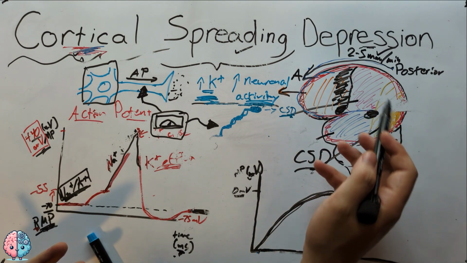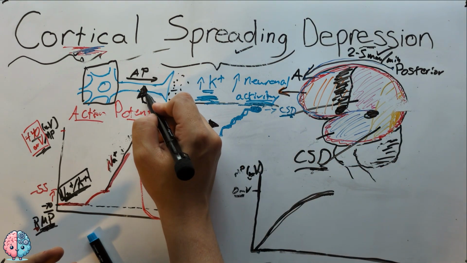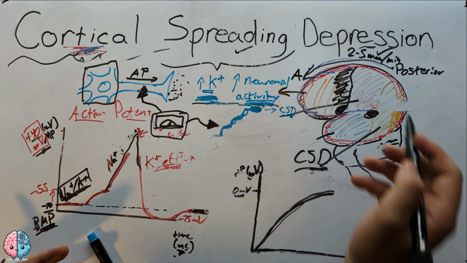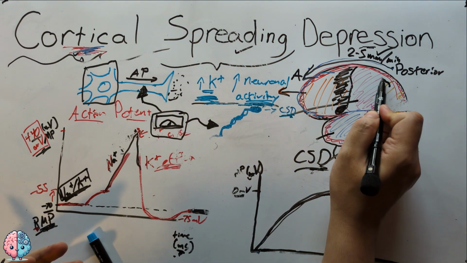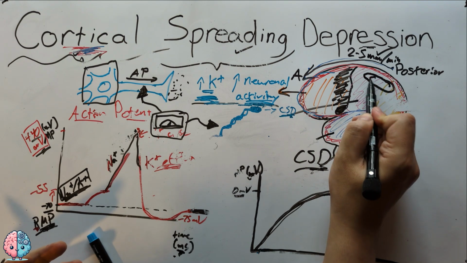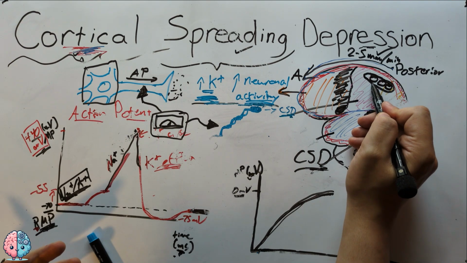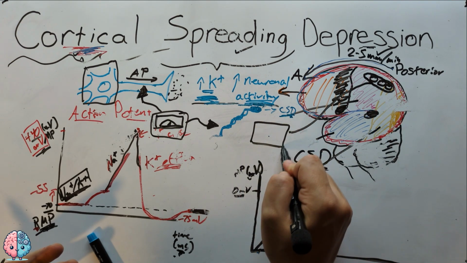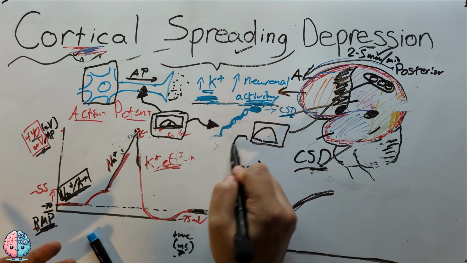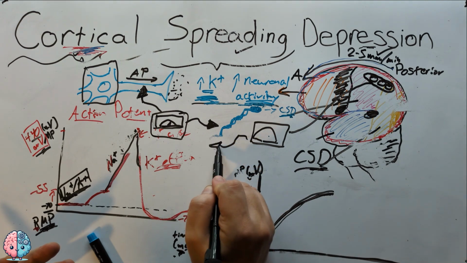Now when we come to cortical spreading depression, because it happens in the cortex, we're not going to stick an electrode intracellularly, but there is a strip we can use that has 3 electrodes, put it on the surface of the brain, have that connected to a voltmeter, same way, and then have another ground.